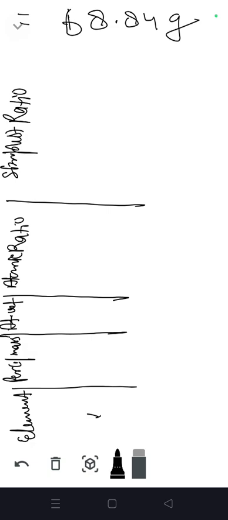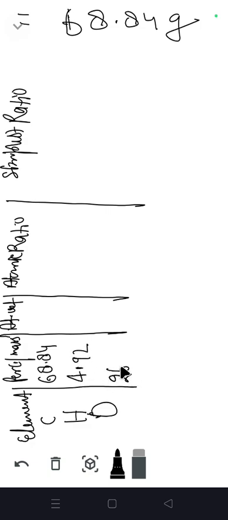So here we have three elements: carbon, hydrogen and oxygen. Carbon amount is 68.84 gram, hydrogen is 4.92 gram and oxygen has come 26.24 gram. The atomic mass of carbon is 12, hydrogen is 1, while oxygen is 16.